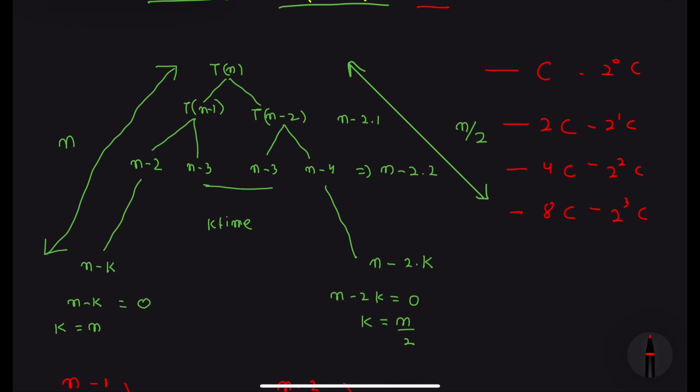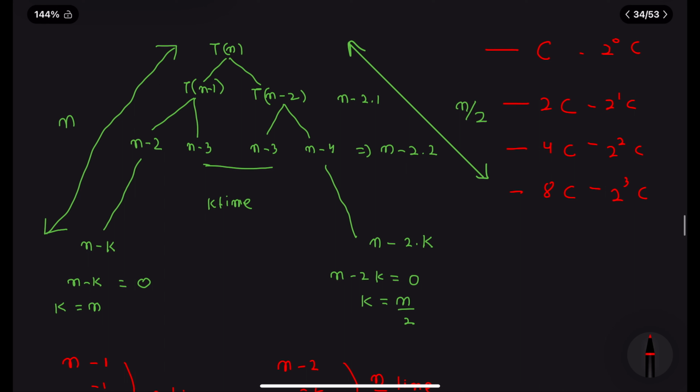And this function will run up to k times, and after k times it gets terminated. So after k times the function will have 2 raised to the power k function calls, and it will consume 2 raised to the power k times c amount of time.